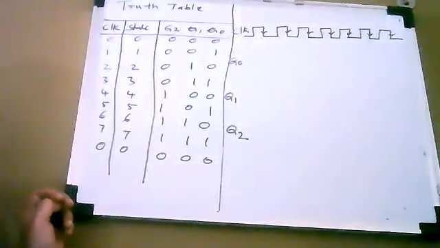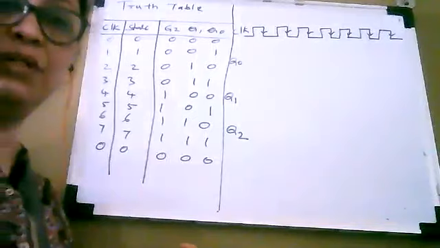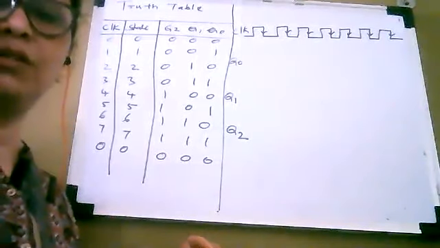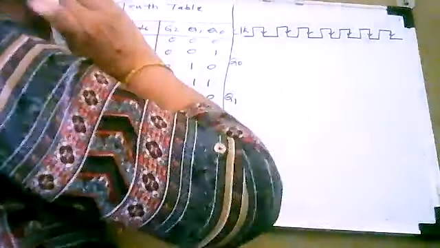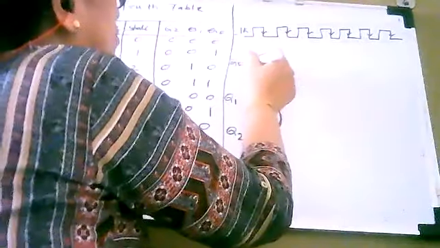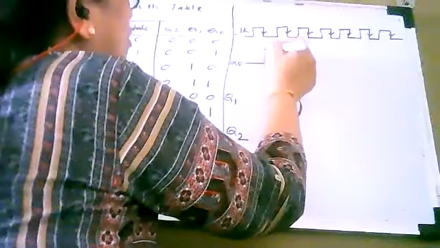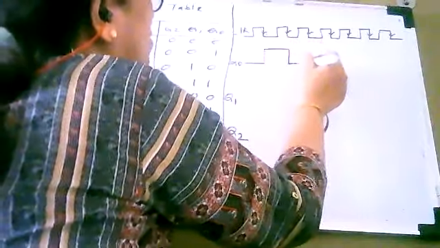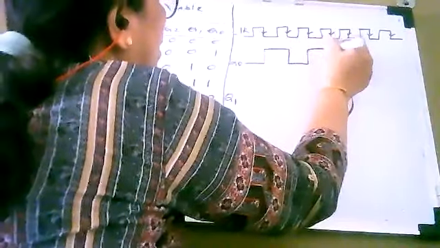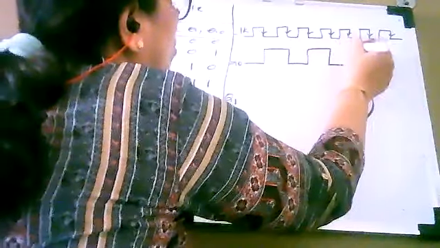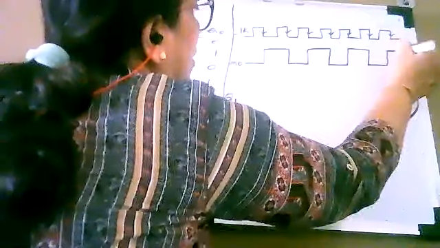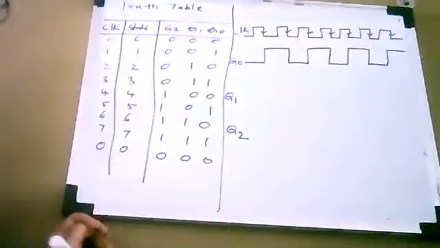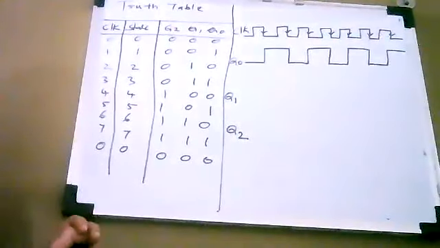Here again you will see Q0 is changing state at every clock pulse, and that is what you have to show. Earlier it was 0, then it will become 1, again 0, 1, 0, 1, 0, and then 1. This is the transition of Q0.